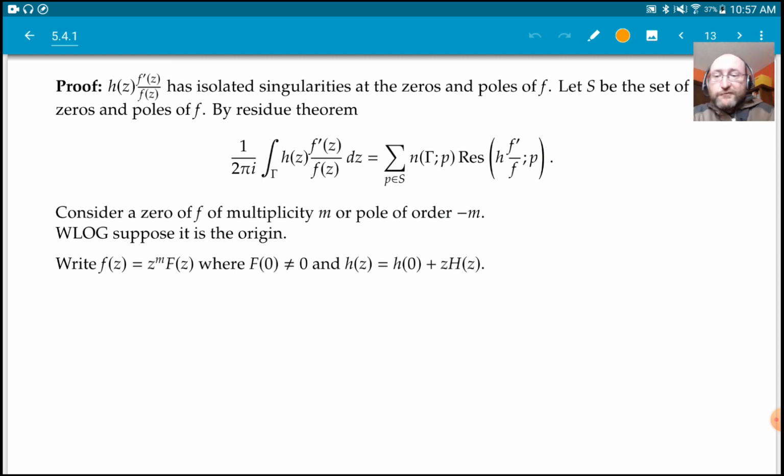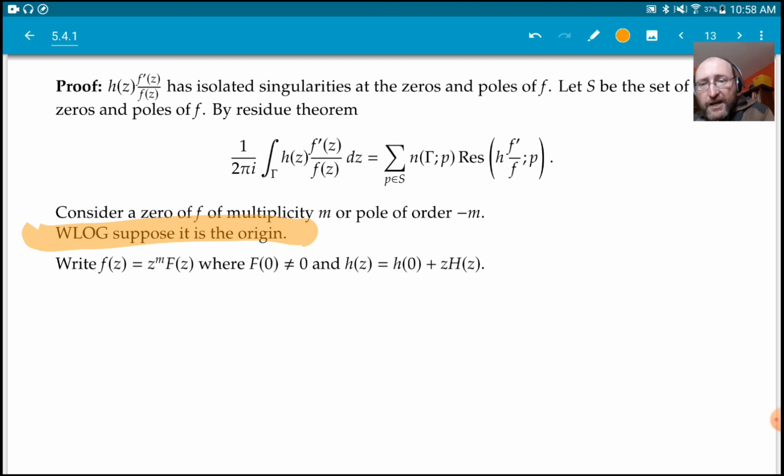Well, first, let's suppose that it's the origin, because this doesn't really make a difference if we shift everything, and if we don't make it the origin, then this is going to make the formulas ugly. The residue doesn't change if you translate everything, so we might as well just translate to the origin, and we just need to do it at one of these points. So we're assuming it's the origin.